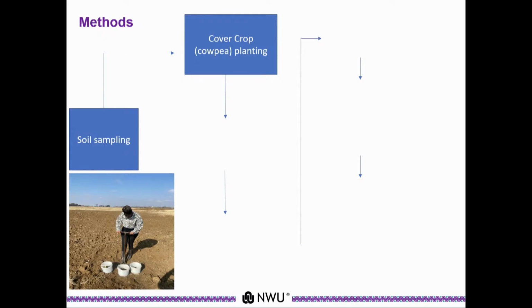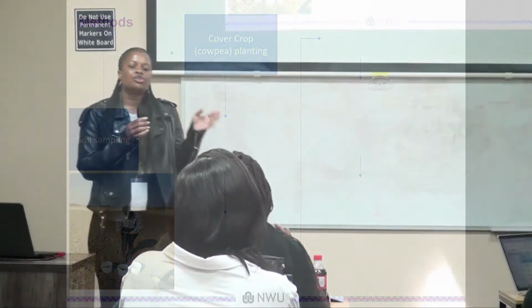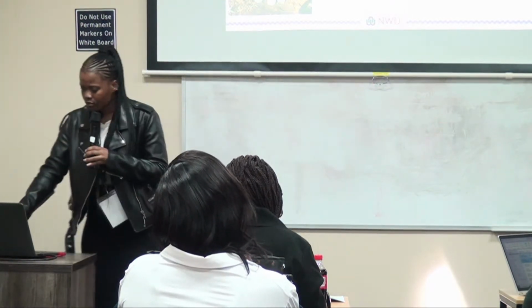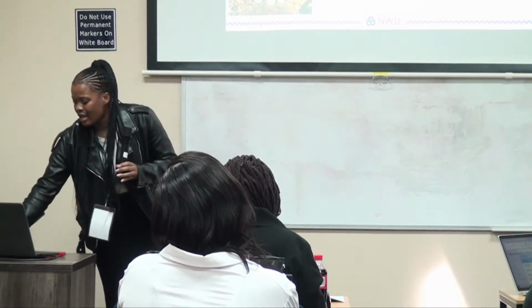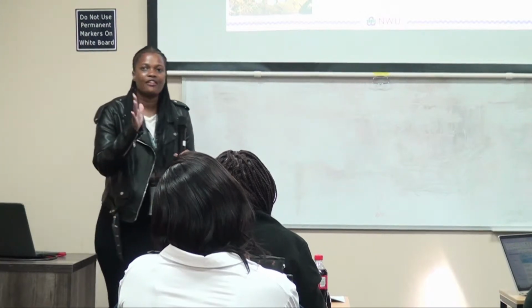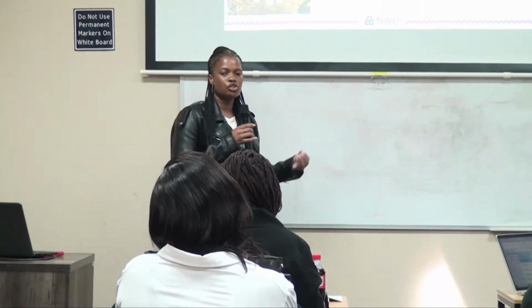Before cowpea planting, we took soil samples. Those samples determined the recommended rate for cowpea fertilizer application. Then we planted cowpea, and after planting, we waited for 55 days. At 55 days, we incorporated cowpea into the soil.